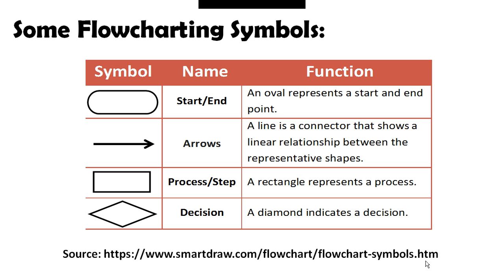This is not the extensive list of all of the flowcharting symbols. There's quite a few other symbols which you can find at drawsmart.com. But these are the main four that are used when you're creating a flowchart.